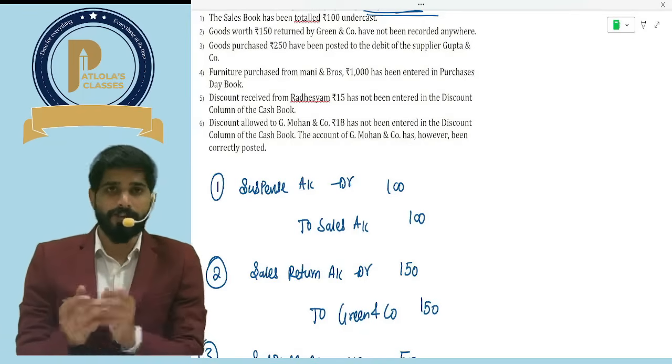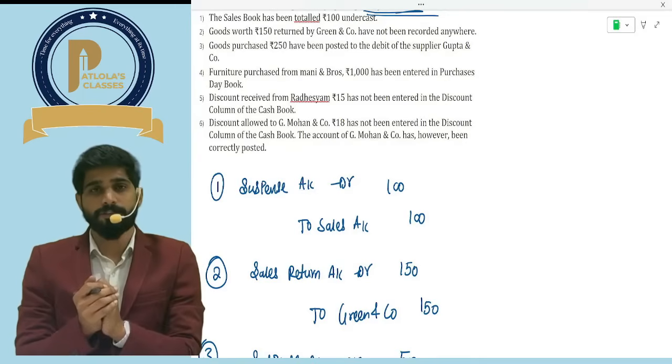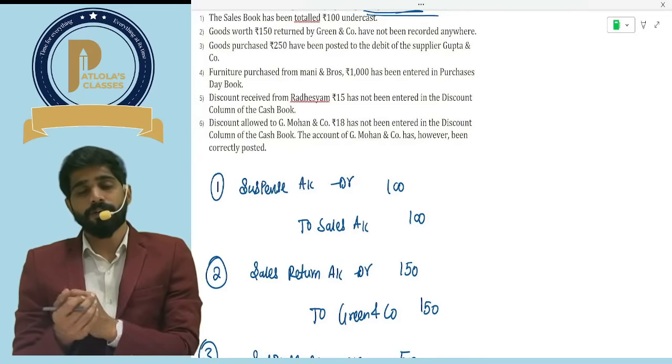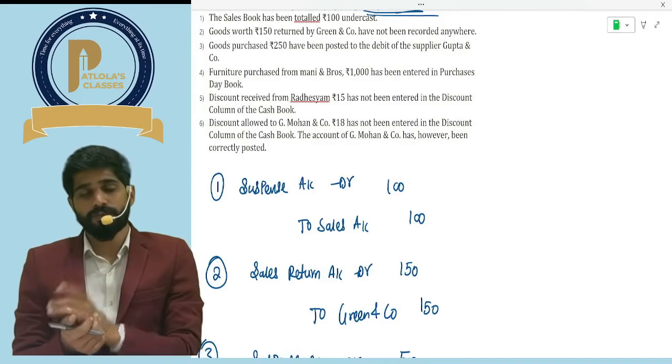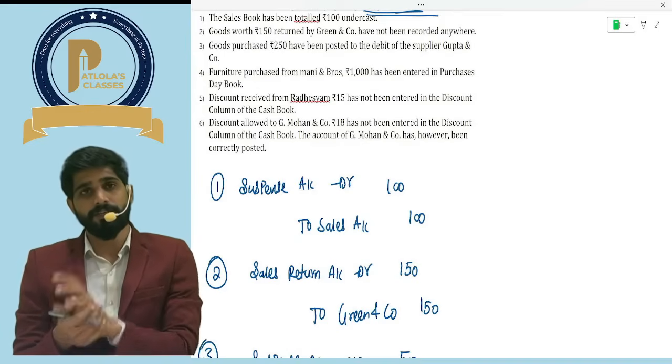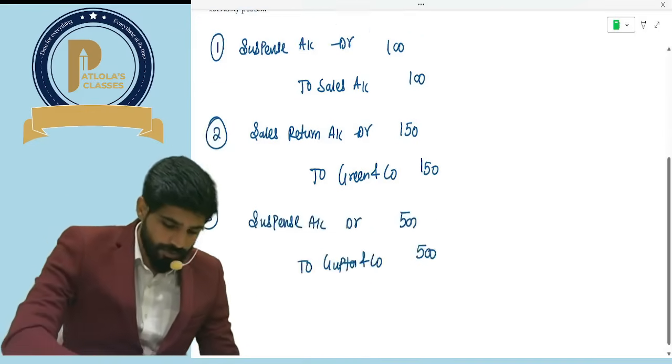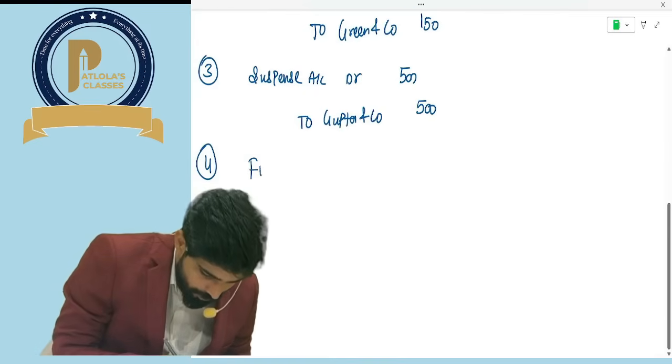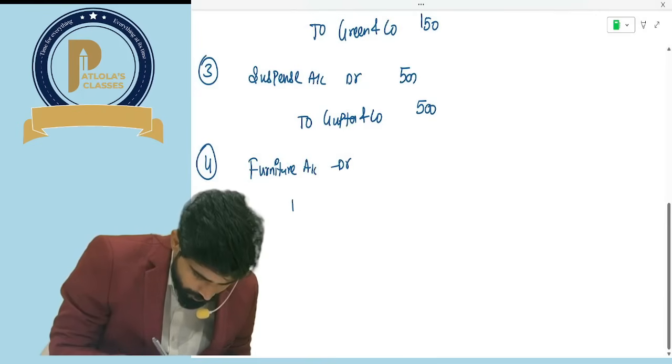So the trial balance will tally. There won't be anything called suspense. But instead of debiting furniture, they have debited purchases. So we have to cancel purchases by crediting and we need to debit furniture. So the rectification entry will be furniture account debit to purchases.